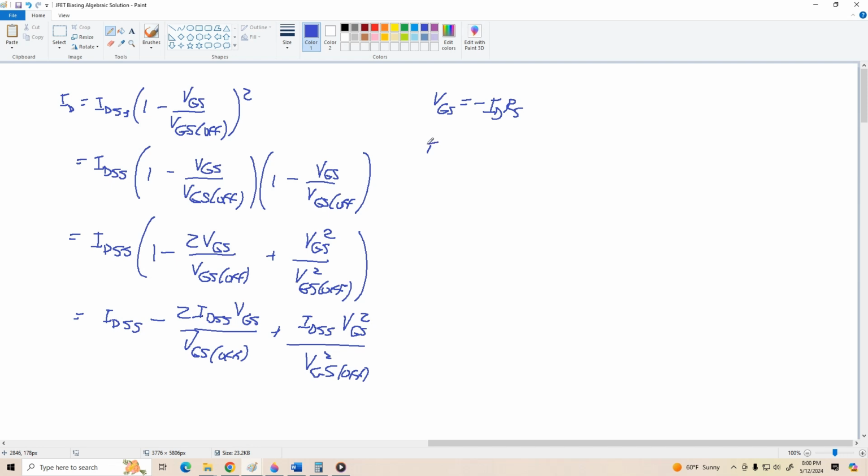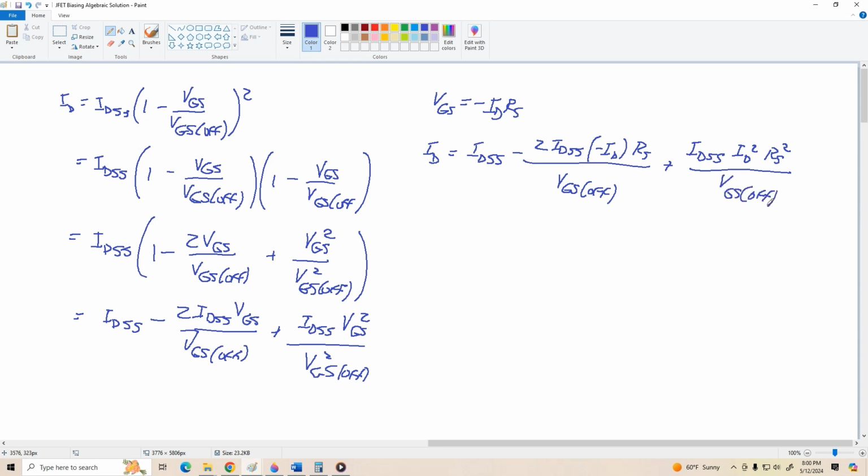And that gives us I sub D equals IDSS minus 2 IDSS times negative ID times RS, and I'm just emphasizing the negative sign here associated with the numerator, divided by VGS off, plus IDSS times negative ID times RS squared, which gives us ID squared times RS squared, divided by VGS off squared.